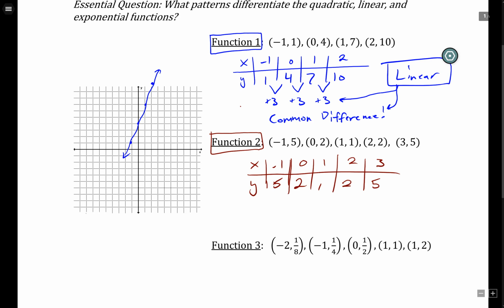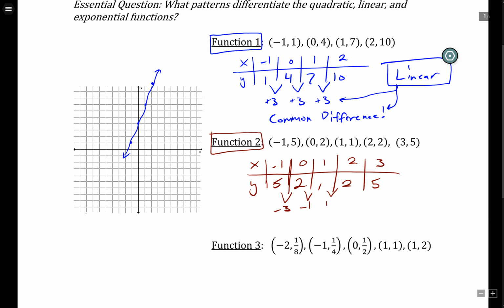But let's look in terms of what's being added to each y value. Because again, notice I'm increasing 1 each time in the x's, but what's happening in the y values is what I'm very interested in. So here, we're actually decreasing by 3. Is that what happens here? No, I'm only decreasing by 1.